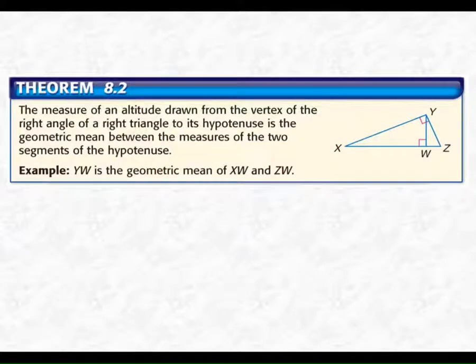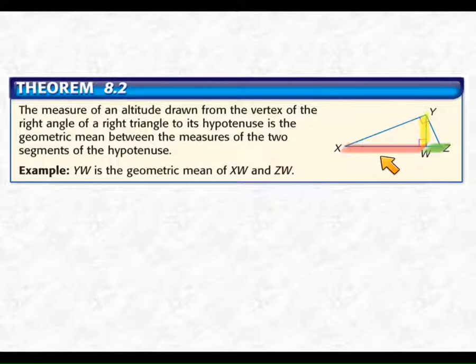The next theorem has to deal with geometric mean, and you know how to find geometric mean now. It says the measure of this altitude, YW in this case, is the geometric mean between the two segments that make up the hypotenuse. Meaning it's the geometric mean between that piece and that piece.